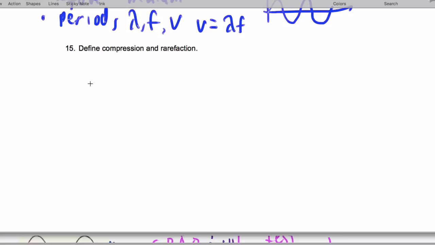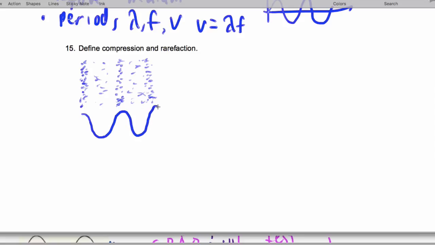Now, compression and rarefaction. You know what? I'll be okay if we just kind of draw it like this. Kind of get the rarefaction, and they kind of come closer together again. So we can actually draw it like this, and then you draw the wave below it in this form.